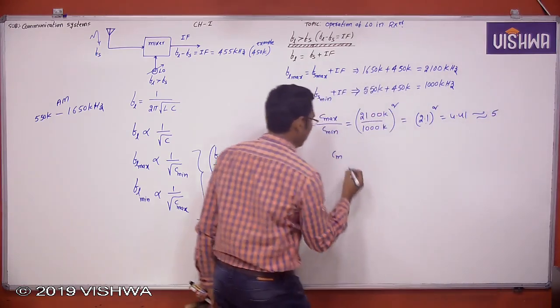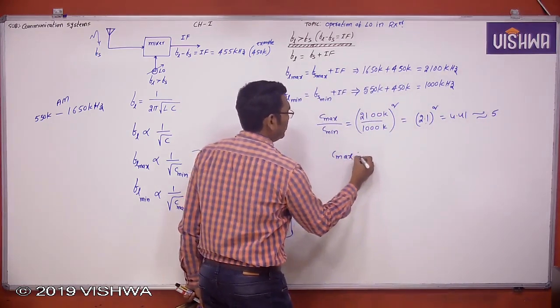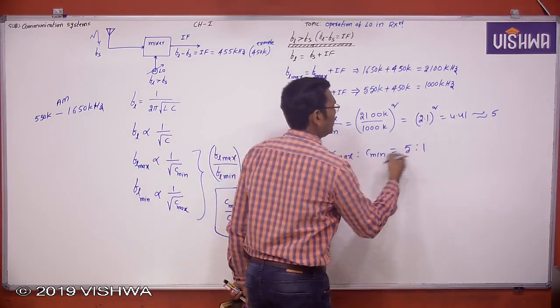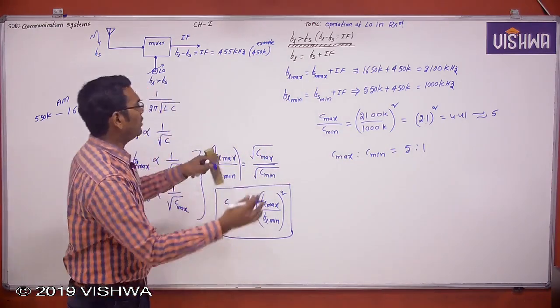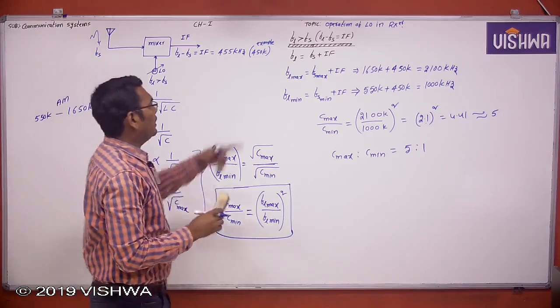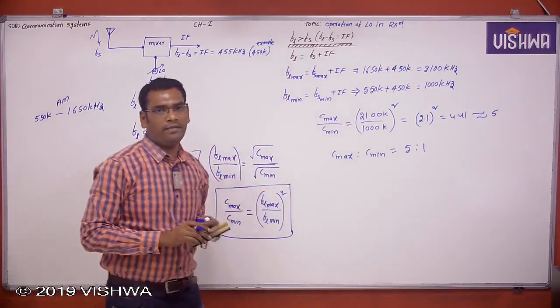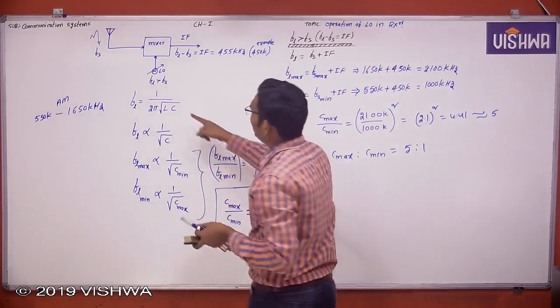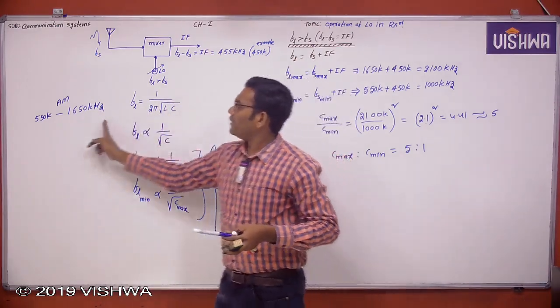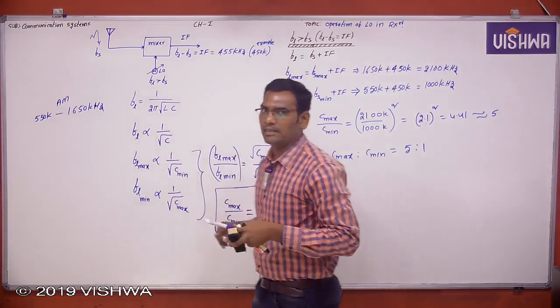Let us take 5. So the maximum to the minimum capacitance ratio is 5:1. A ratio of 5 is sufficient to cover the range of 550 to 1650 if Fl is greater than Fs. So the local oscillator frequency is continuously adjusted to maintain IF constant for any incoming signal carrier frequency. Is it right or not?